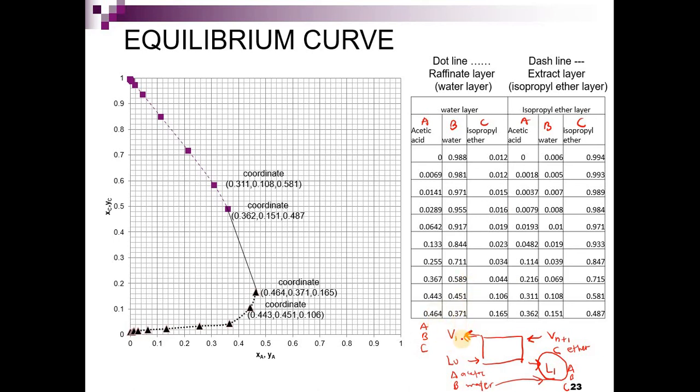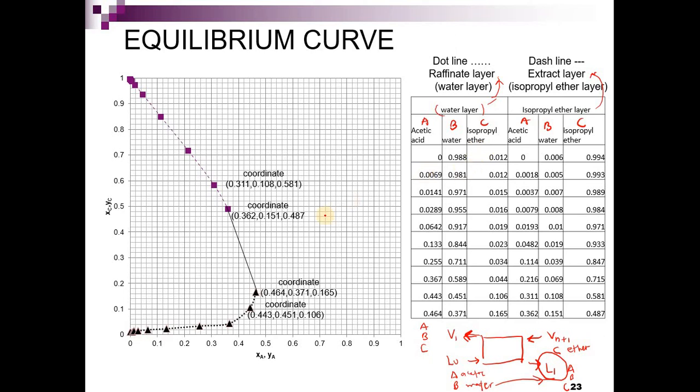So the isopropyl ether layer is actually the extract layer, where the product has been extracted into the solvent ether. The product which remains in the residual, we call the raffinate layer. So the water layer is actually the raffinate layer, and the isopropyl ether layer is actually the extract layer. Okay, so you will be provided with this data.